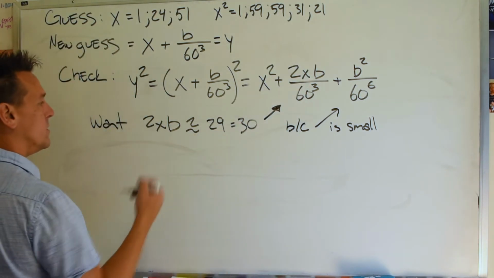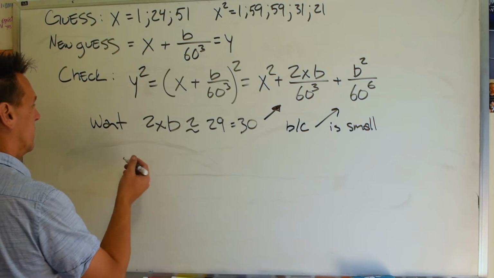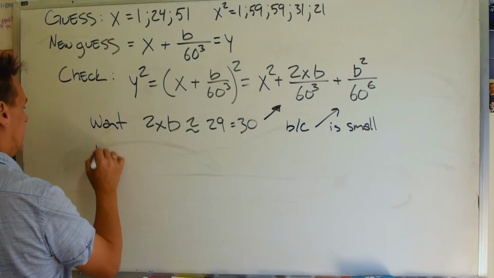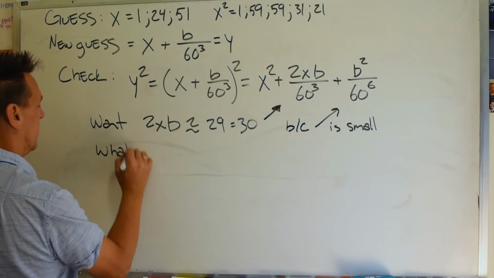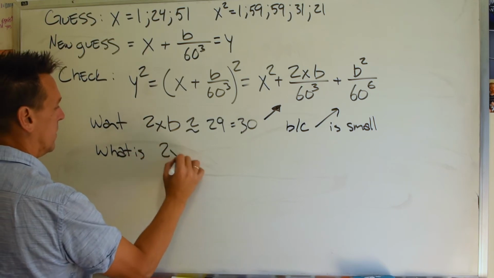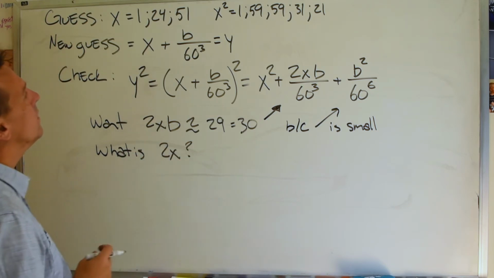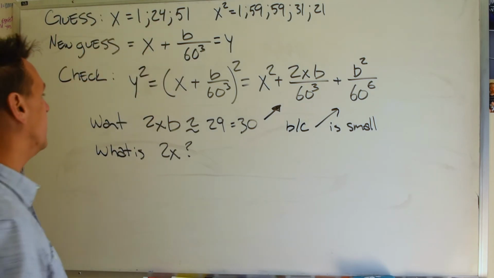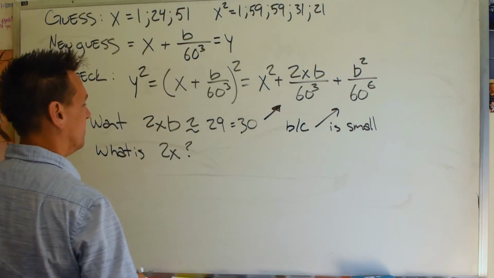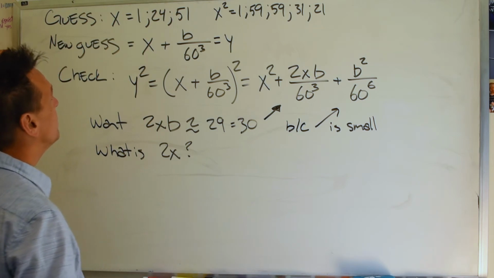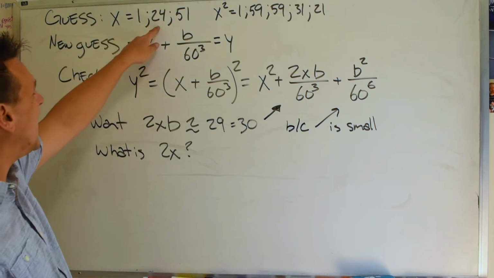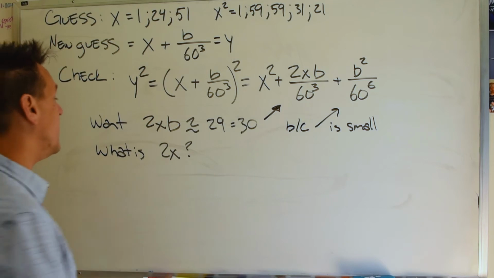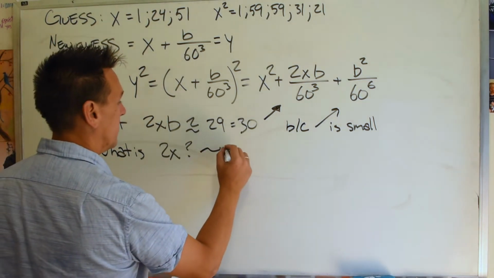So if I want to know what 2xb is, then I want to know what 2x is. X is 1 and a little bit. So, maybe like close to 1.5. So 2 times x is going to be around 3, let's say.